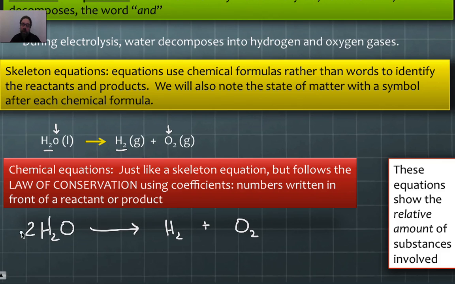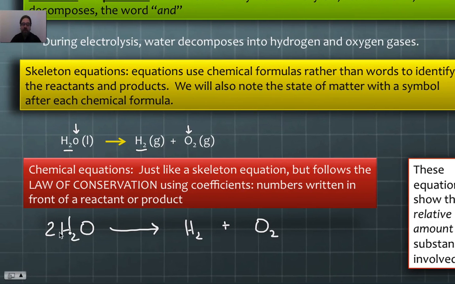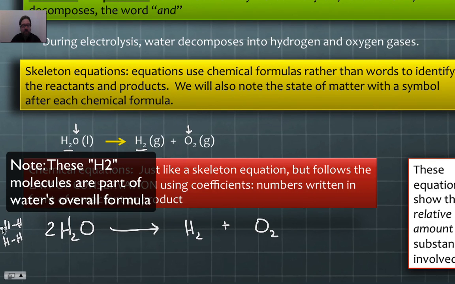Now, when I put the 2 here, something happened though with the other chemical. Here we have hydrogen. We had 2, but when we put a 2 in front of it, that means now we have 2 H2 molecules. So if this is an H2, H and H, and we have 2 molecules of each one of those, now we have 4 hydrogen atoms.